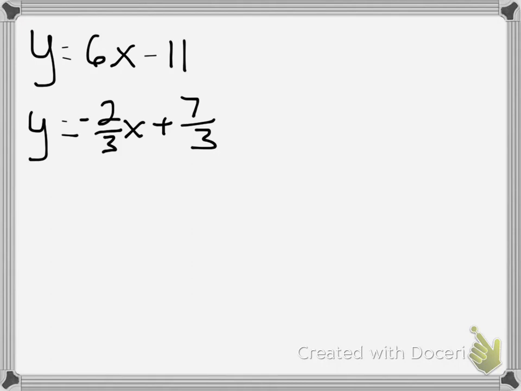Since both of them are y equals slope-intercept form, I'm going to set each right-hand side of the equation equal to each other.